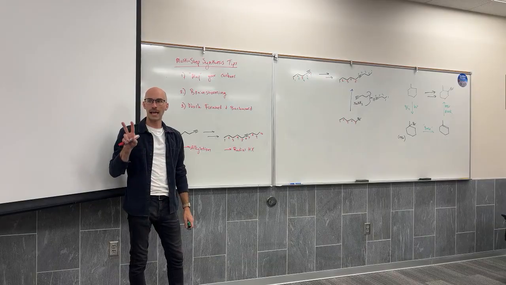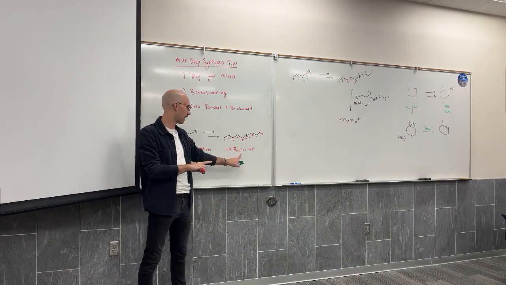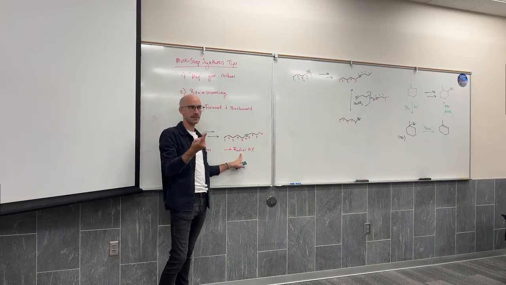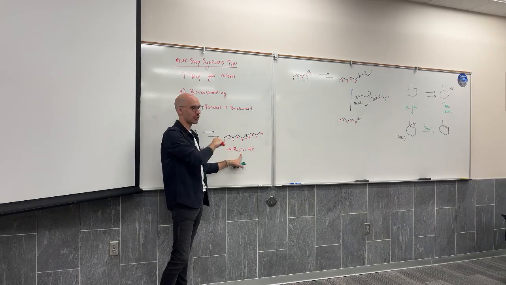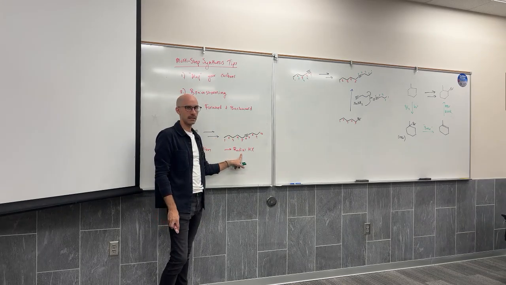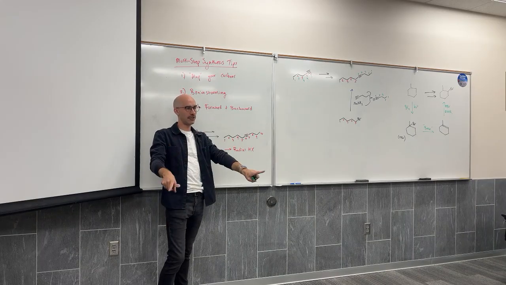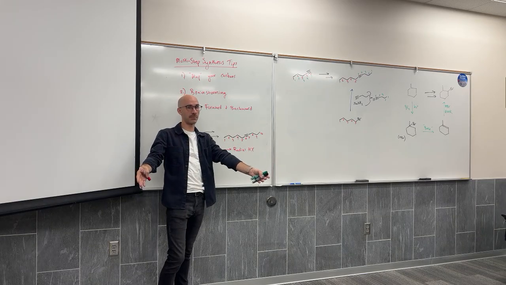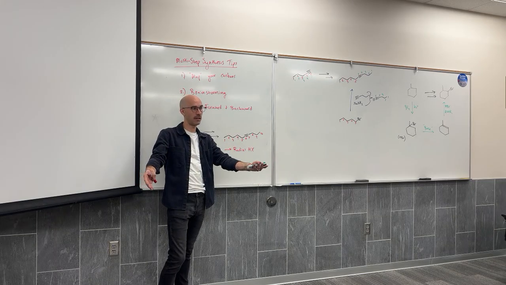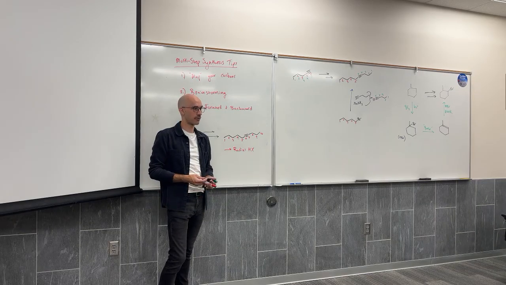But if I do HX in peroxide twice, I get a geminal dihalide. But I don't want a geminal dihalide. I just want an alkyl halide. I want 1 halogen there. So I need a way of adding hydrogen across the pi bond and HX across the pi bond anti-Markovnikov. I should do this in 2 separate reactions.